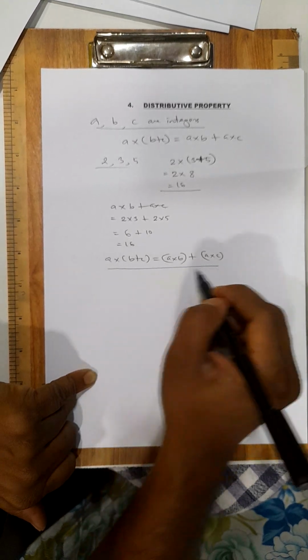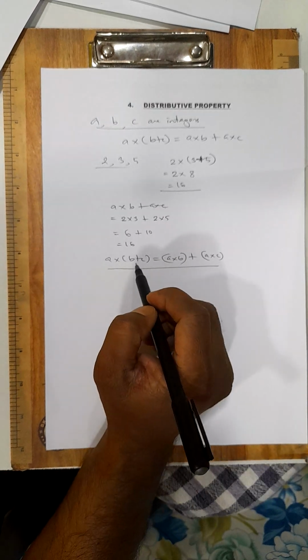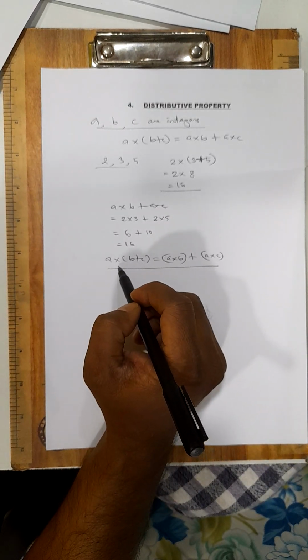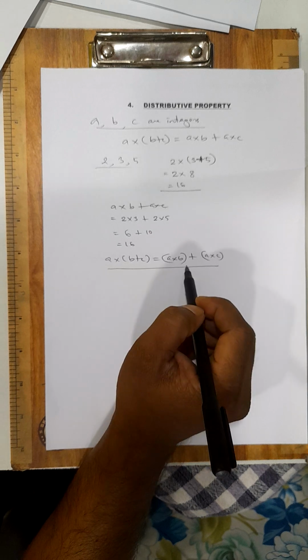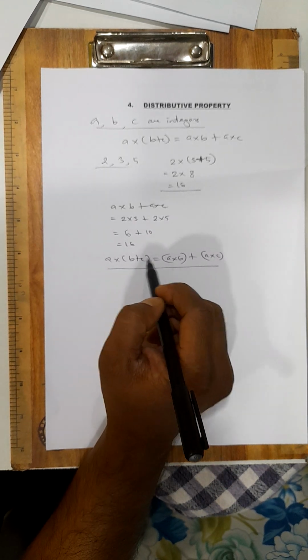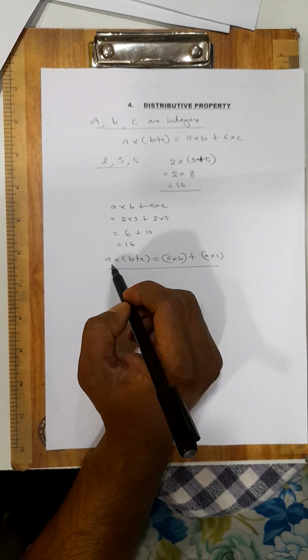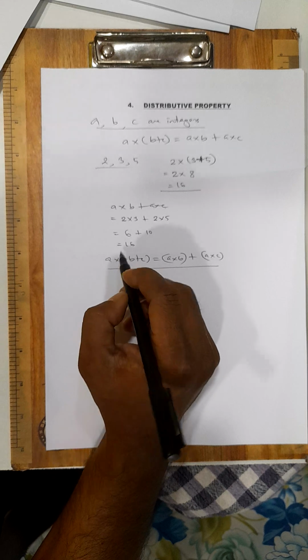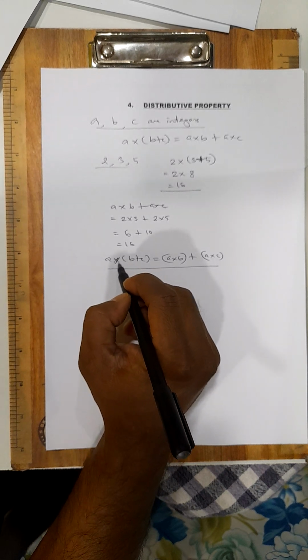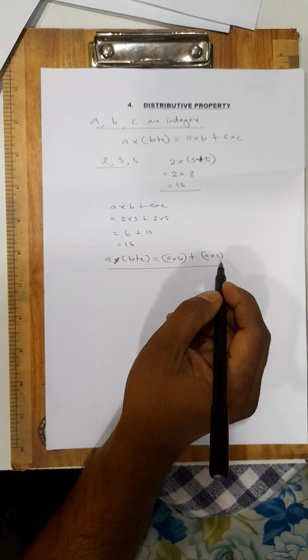So this property is called distributive property. That means distribution of the multiplicative operation over b and c. You are distributing the operation of multiplication with b and c: a multiplied by b plus a multiplied by c.